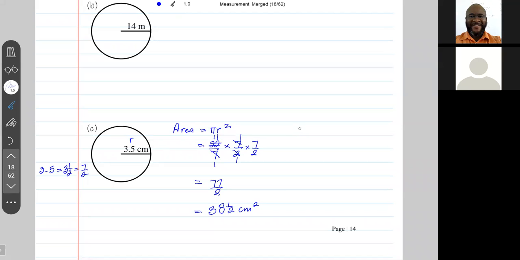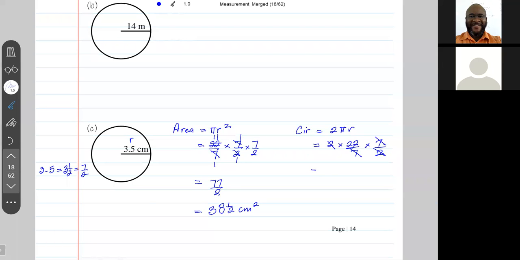All right, next, we're asked to calculate the circumference, which is equal to 2 pi r. Circumference is sort of like another word for the perimeter of the circle. The length of the perimeter of the circle is called the circumference. So this is 2 times 22 over 7, which is pi, times the radius, which is 7 over 2. 7 cancels 7, 2 cancels 2.